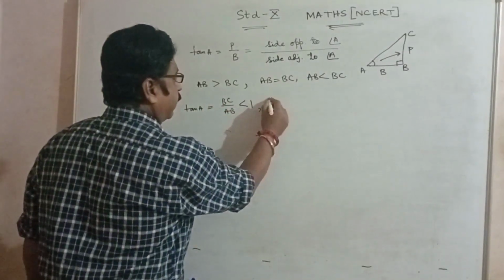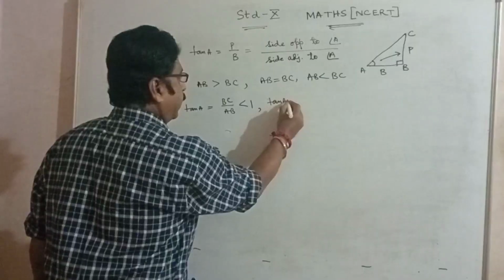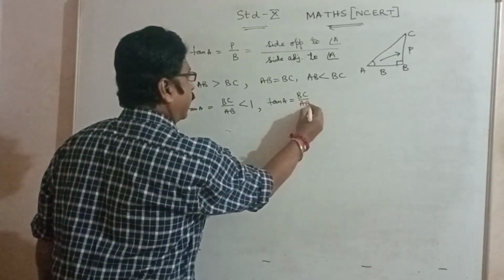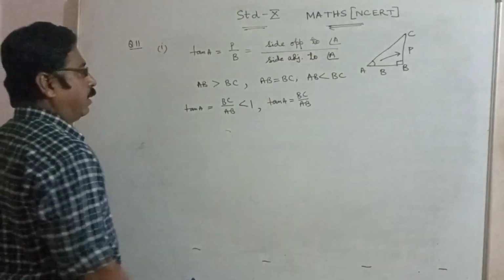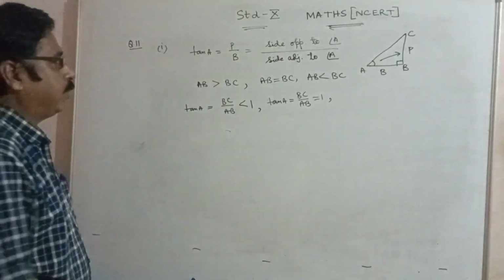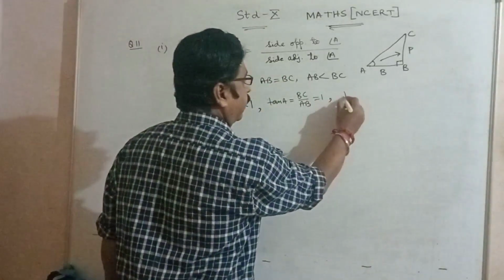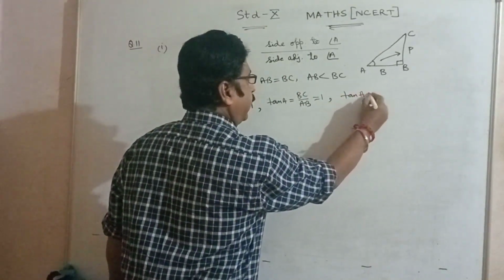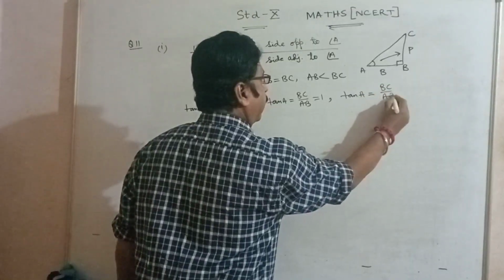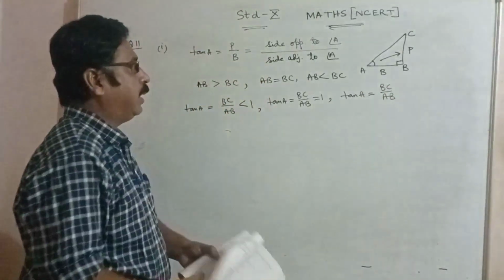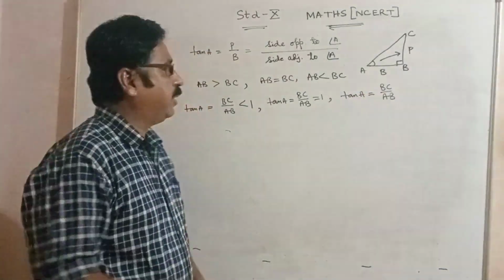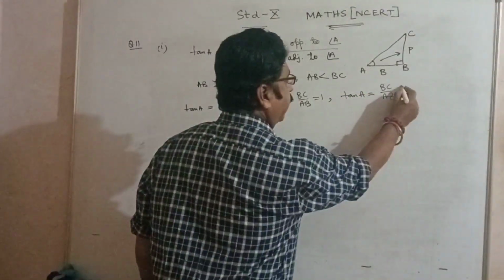For this case, tan A will be BC upon, both are same, it will be equal to 1. For this case, tan A is equal to, here AB is smaller than BC, so numerator BC is larger, so it will be greater than 1.